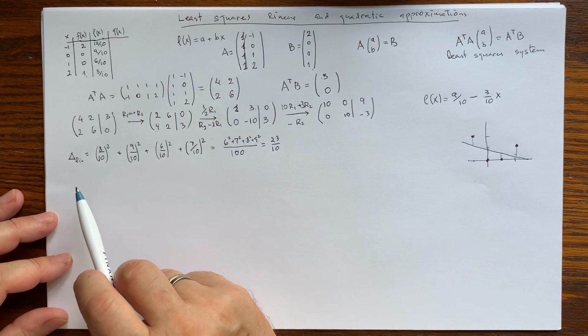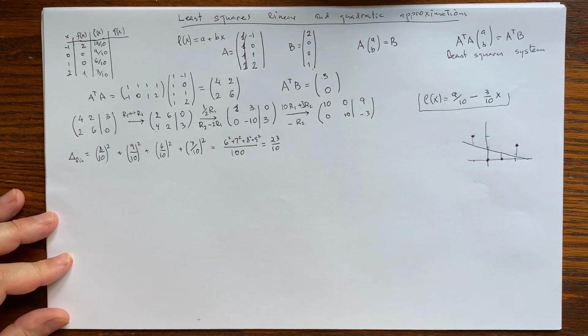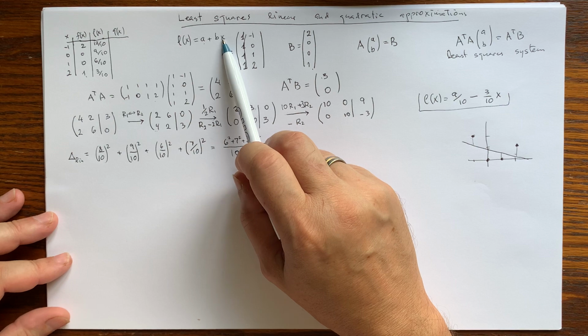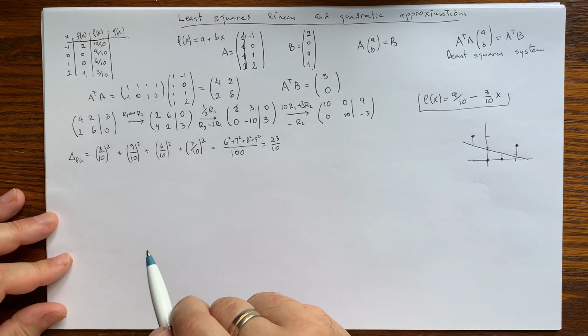And that is it. So that is our least square linear approximation. But we can do better if we allow ourselves to use not just linear terms in the approximation function, but quadratic terms.